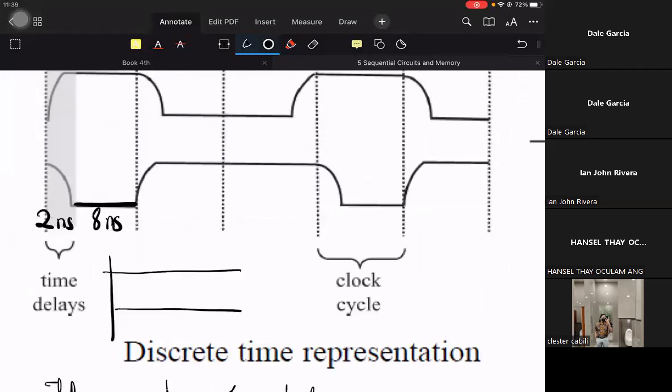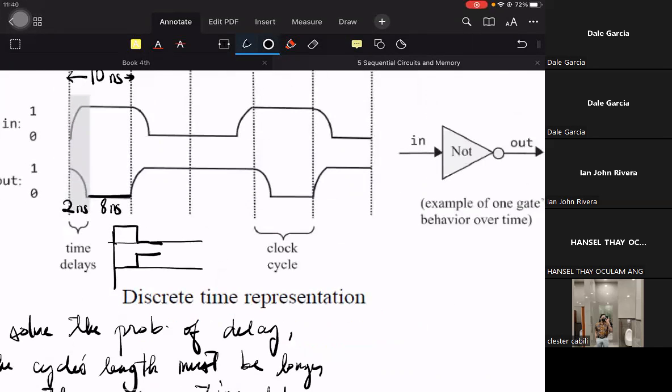So pwede na nato ma-visualize or ma-model ang atong input-output as what we normally do, as instantaneous lines na. Because delay doesn't matter na as of this point.